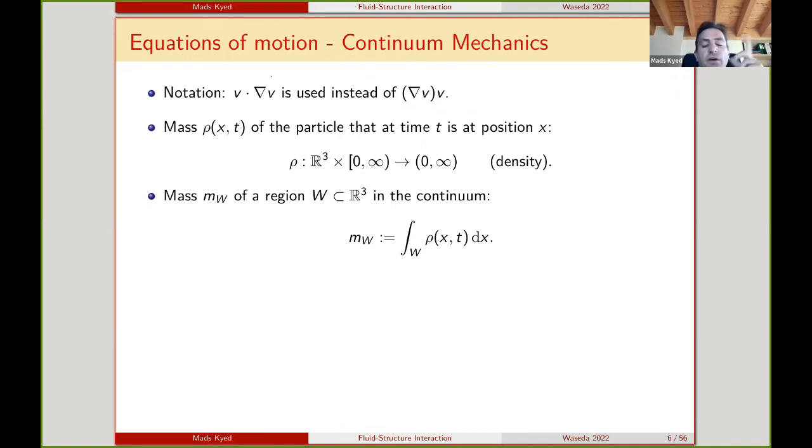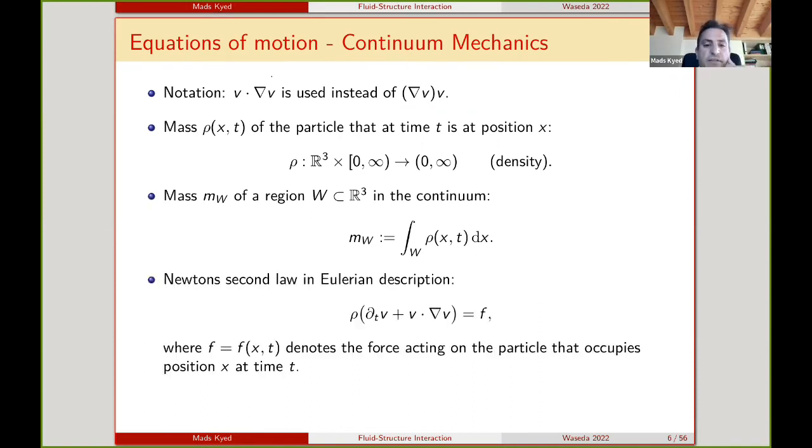So in order to get the mass of a region in our continuum, we have to integrate the rho. Okay, and now we can write Newton's law in our Eulerian description. This means in terms of the Eulerian mass density rho and the Eulerian velocity v, and we have here Newton's second law: mass times acceleration is equal to the force that acts upon our particle, and here F is a force.